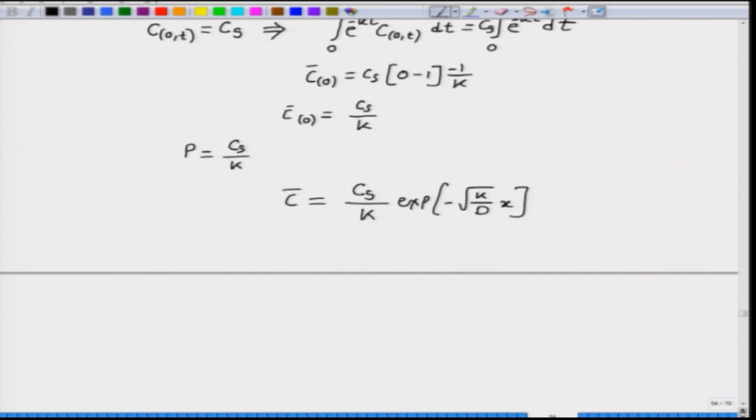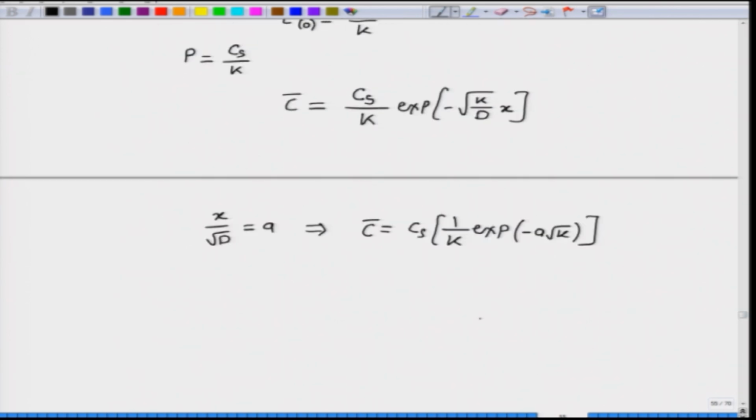So, now if we take x by root d as a, we can write C bar equal to C s times 1 over k exponential minus a root k, and this looks familiar, right. We solved this Laplace transform. So, if we take the inverse Laplace on both sides, we get our concentration field. So, C is equal to C s, which is constant, times L inverse of 1 by k exponential minus a root k.